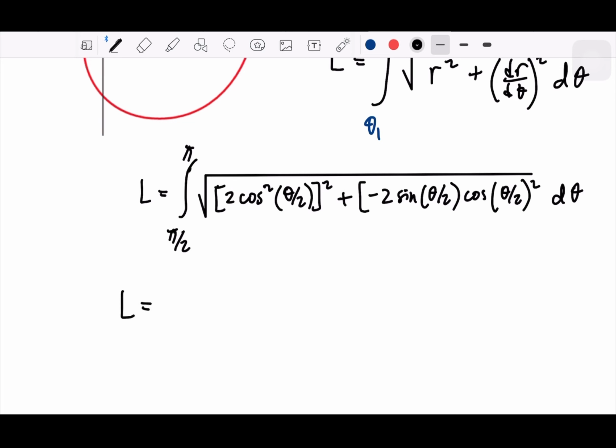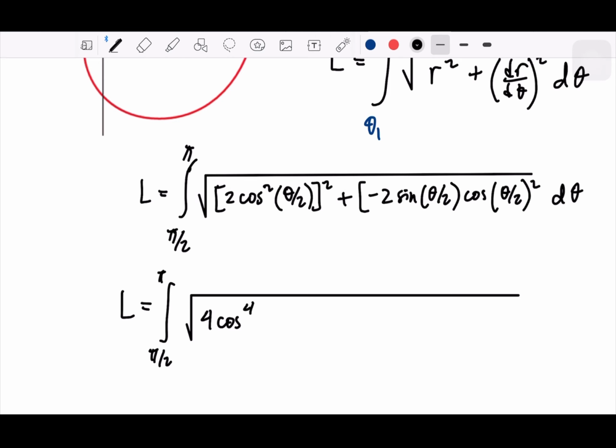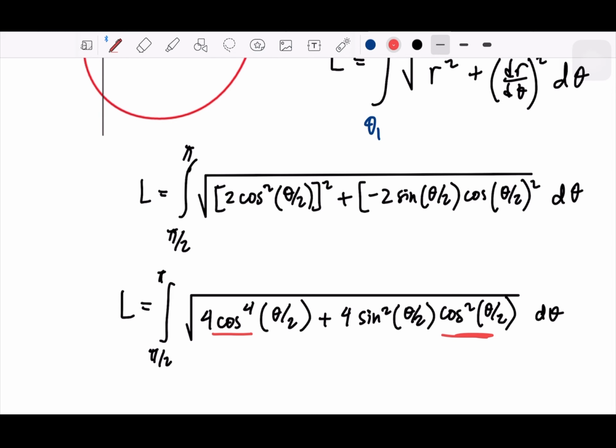Then one by one we can take this. 2 squared becomes 4 cosine to the power of 4 theta over 2, plus this minus 2 squared, which is 4 sine squared times cos squared, and then d theta. Let's factorize the cos squared outside.